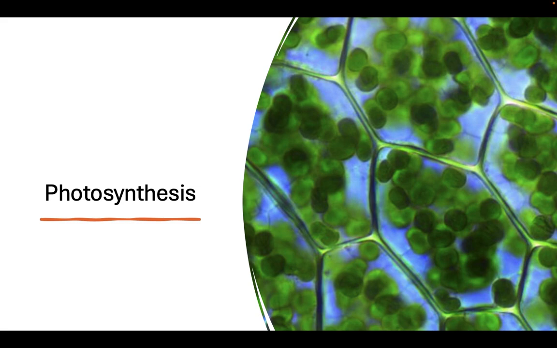The oval shapes inside the cells are chloroplasts, and they contain a particular type of chemical called chlorophyll, which is really important for photosynthesis.